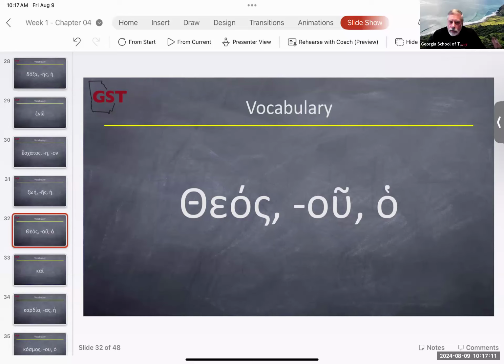That's exactly correct. So even if they were to capitalize the theta, it doesn't necessarily refer to God of the universe. The context will tell you who it's talking about. It could be a pagan god or any god. So we capitalize in English because we recognize it is God, the creator.